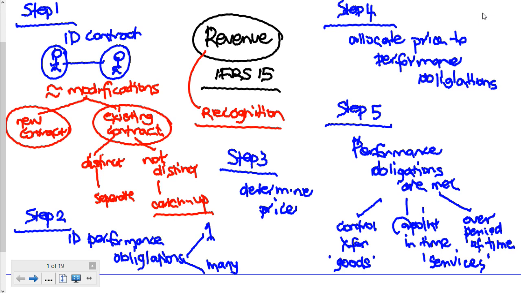Okay, we're going to do a question. In the May 15 exam, there was a question for 21.5 marks for journals. It isn't just revenue journals. Some of them are revenue journals. Some of them are error journals.